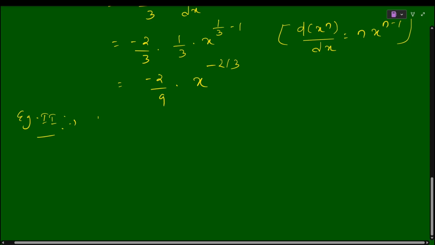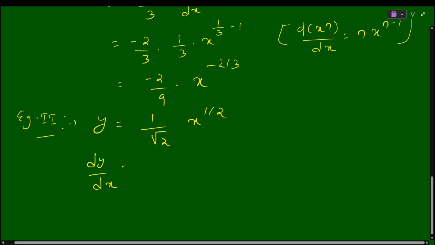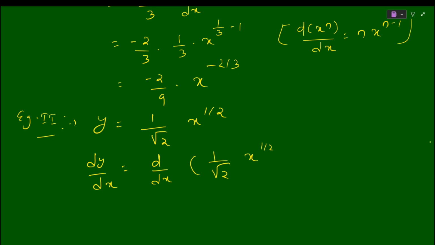Suppose I am writing the function as 1 by root 2 x to the power, suppose, 1 by 2. Now let's find dy by dx. Here it is d by dx of 1 by root 2 into x to the power half.